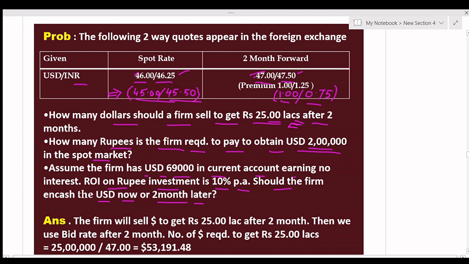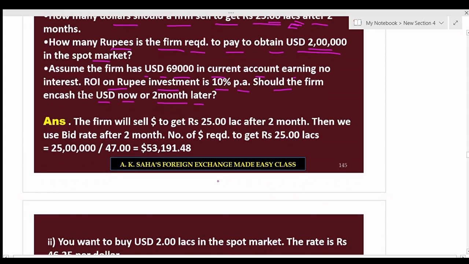Here are two propositions: one is you encash the 69,000 USD at the 2 month forward rate, and the other is you encash it at the spot rate and invest it at the rate of 10% per annum for 2 months. In these two alternatives, the one where the amount is higher will be acceptable. Now comes the problem solved.